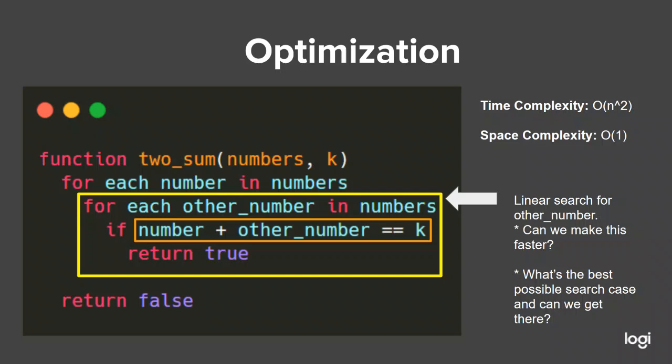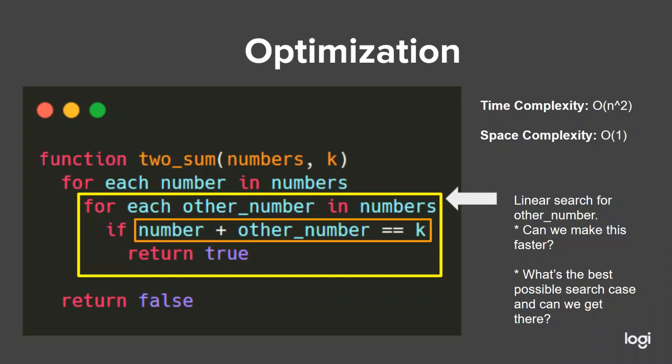And maybe you could. Maybe you could come up with an n log n solution where you sort the numbers array, and instead of trying to search using this method, you might search by using pointers that exist at the extents of the numbers array.